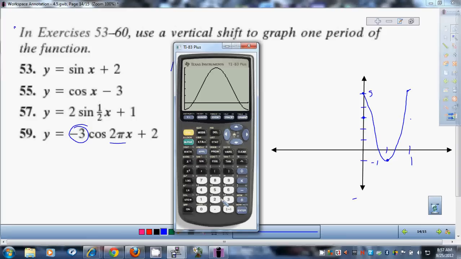Cosine functions start at your maximum, which is normally 1. However, on this one it was 3, then shifted up 2, made it 5. But I forgot to take into account that the negative flipped it, so I actually should have started at my minimum instead of my maximum. That's the only thing. Notice this is just a perfect flip of this because I forgot to take into account the negative. I wish there was somewhere to note that in the stuff you draw out, but whatever.